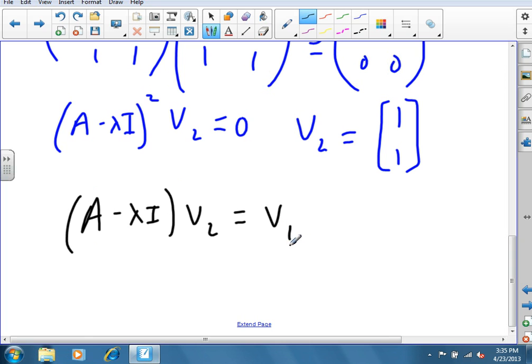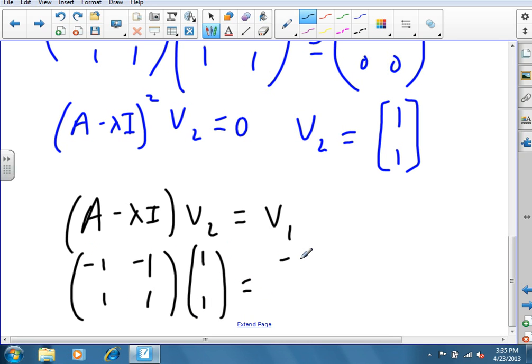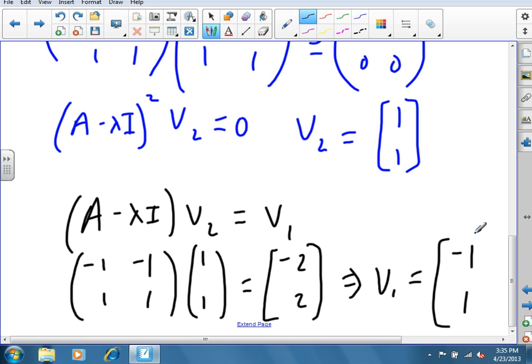So A minus lambda I, (-1, -1; 1, 1), times (1, 1) is going to be (-2, 2). That's good. So we can choose V1 to be (-1, 1) because we don't have to have the constants in there. They're both divisible by 2, so we can bring one out. Did I do that right? Yes, I did.